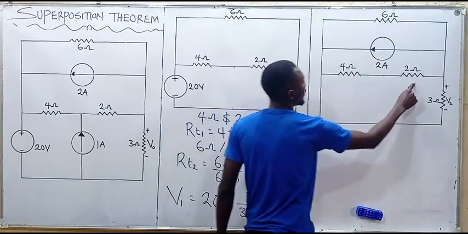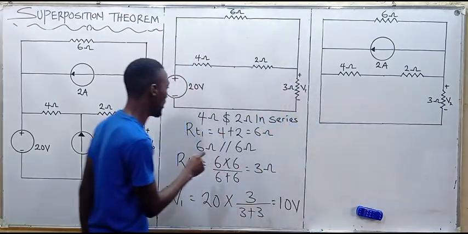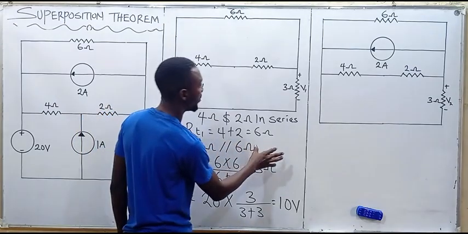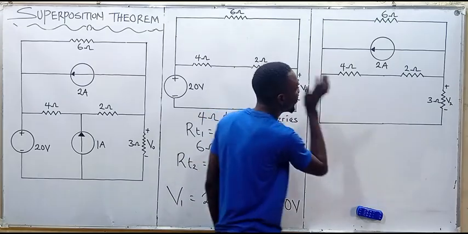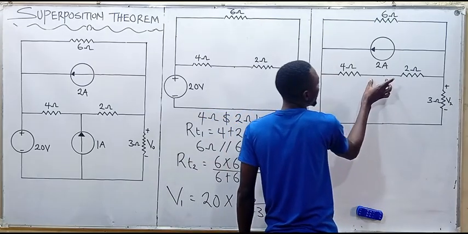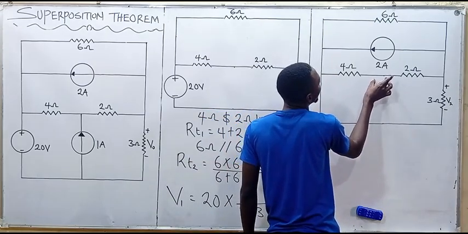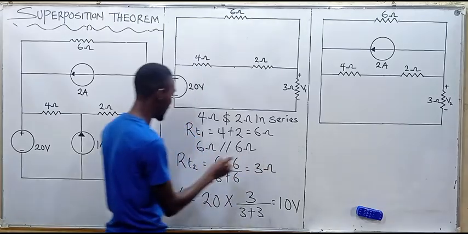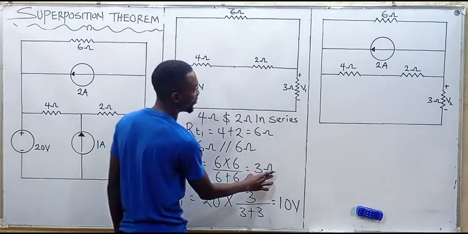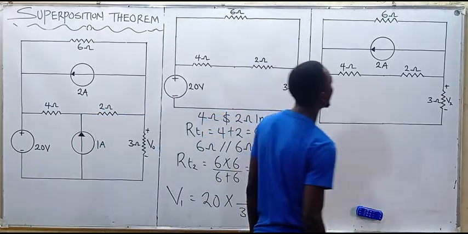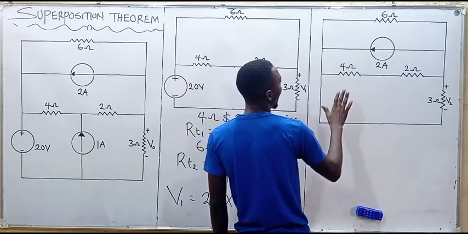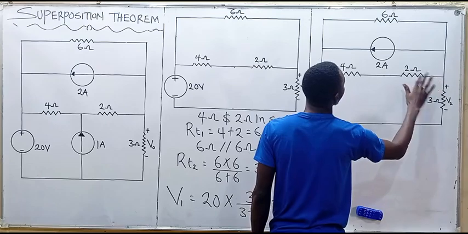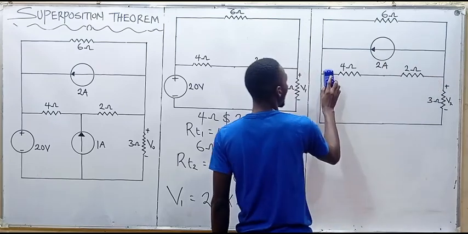So in series, this will be 6, which we have done before. If we combine this and this in series, it's going to be 6. And if we put it here, 6 now will be in parallel with 6 here, and we have done it as well. 6 in parallel with 6 is 3 ohms, right? So therefore, for our new diagram, we can clean this and replace this with 3.